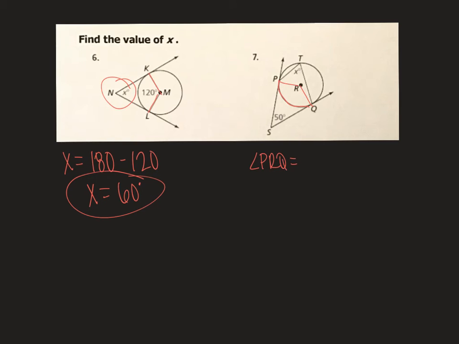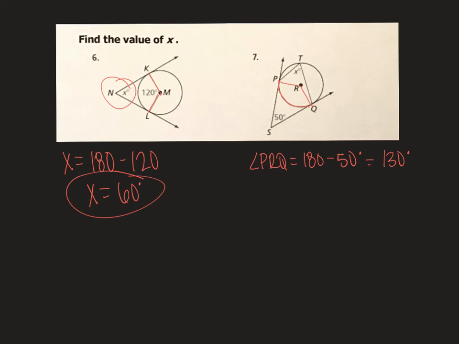Well, we can find that because angle PRQ, much like what we did in number 6, has to be 180 minus the angle outside formed by the two tangents. So angle PRQ has to be 180 minus 50, which is going to equal 130 degrees.